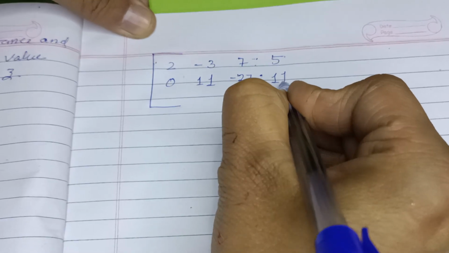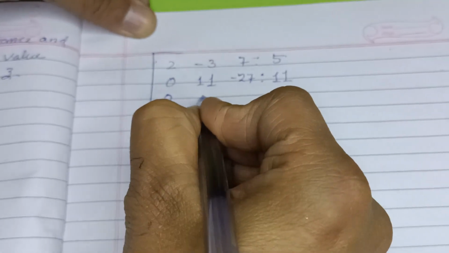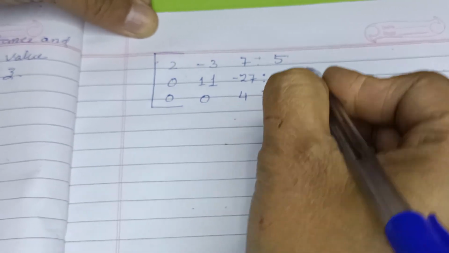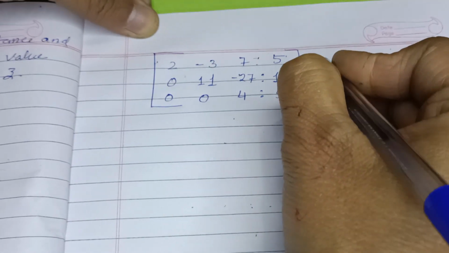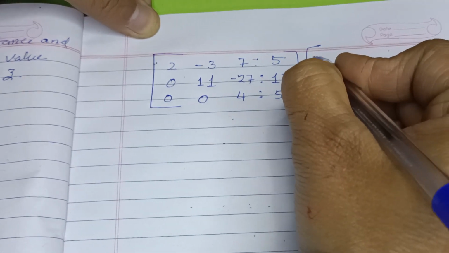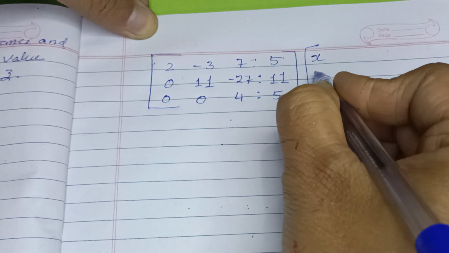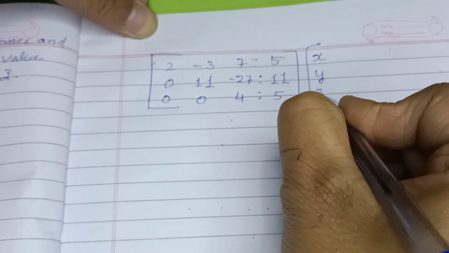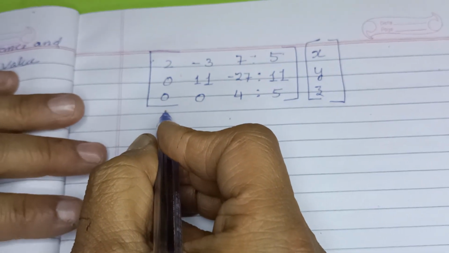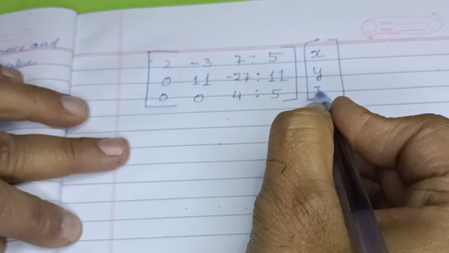I'm writing the same equation that I got here. My target is to get the values of x, y, z. We have different methods to do it: elimination method, substitution method, and matrix method. Now we are doing it with the matrix method.